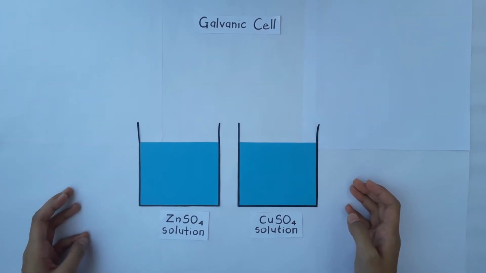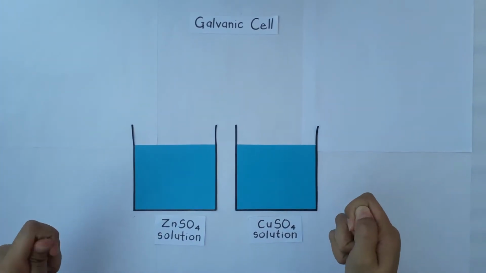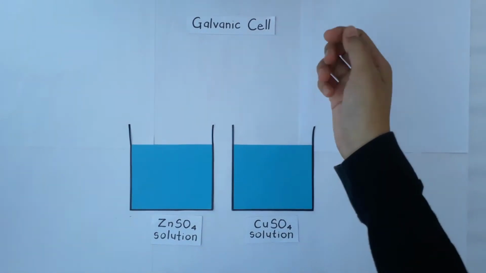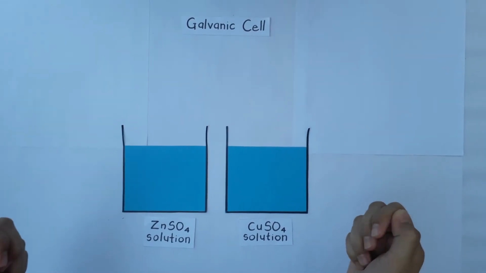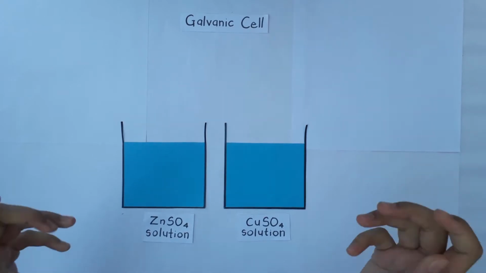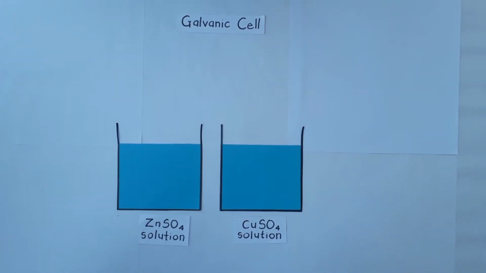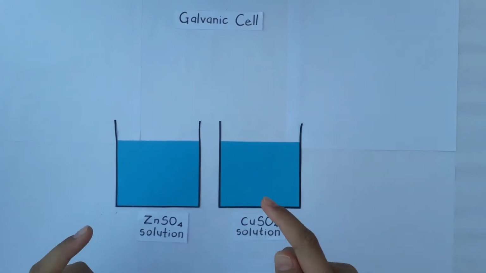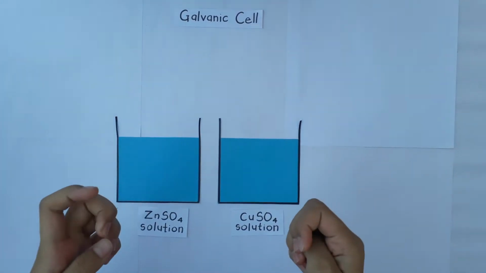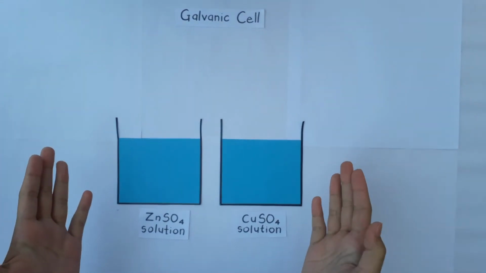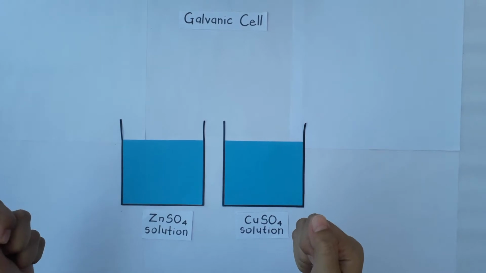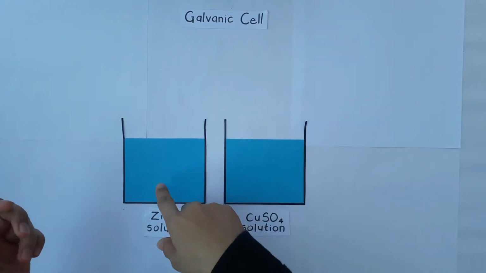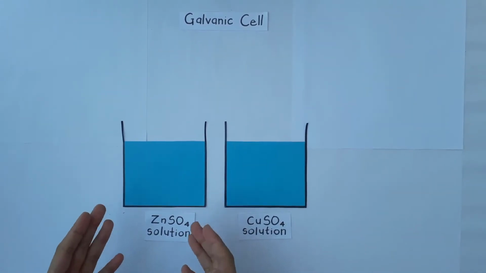Okay, so for the rest of this video, I'm just going to call this a galvanic cell. Now I want to talk about the parts of a basic galvanic cell, one that you could actually make in the lab. First, we start with 2 beakers of water, and into one of them, we dissolve some zinc sulfate to make a solution.